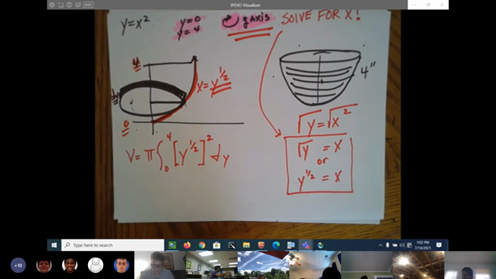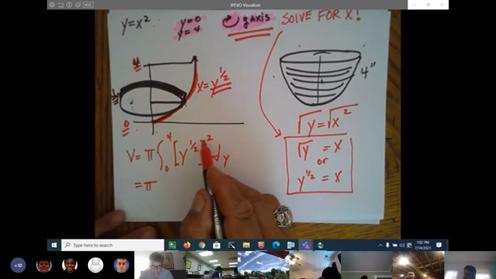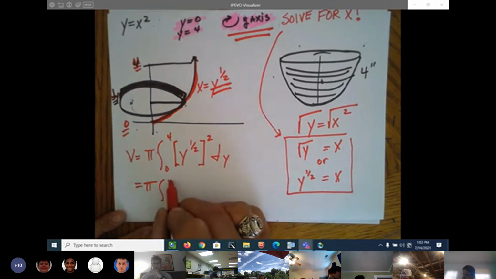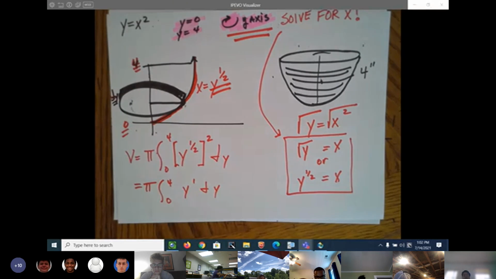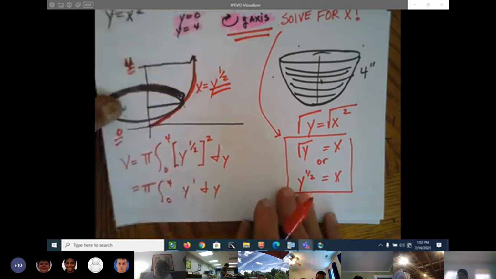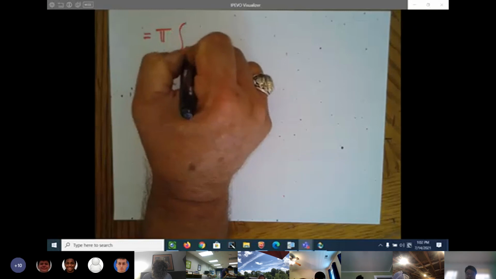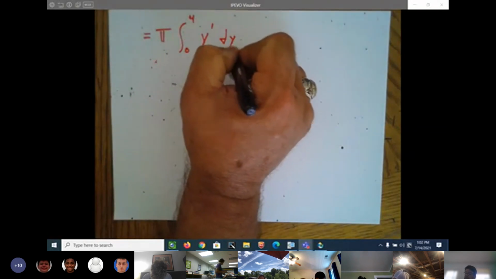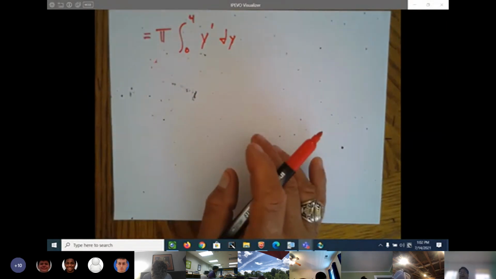Okay, so V is equal to pi. And what happens to the 2 and the 1/2? Cancels. And I'm going to rewrite that over here. And the reason I'm writing in red, and I never write in red, is because everything's in terms of y.